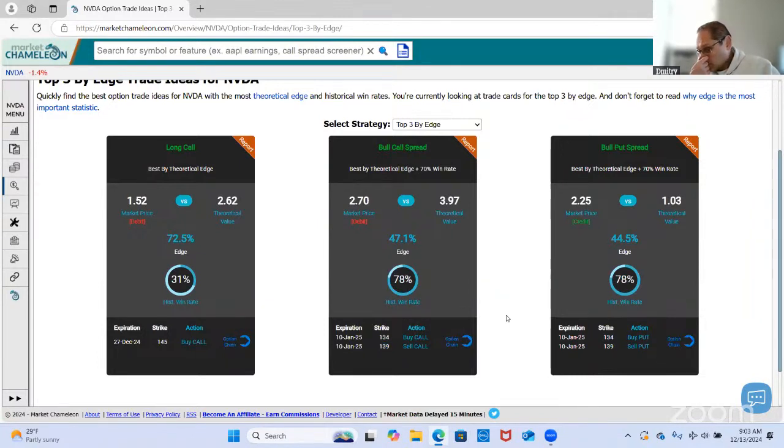This particular one is the 134, 139 bullish call spread in the Jan 10 expiration, and it looks at the market price. When we have a market, we have a bid and an offer in this spread. Since a bullish call spread is buying the low strike and selling the higher strike, it looks at the ask side of the spread and analyzes it.